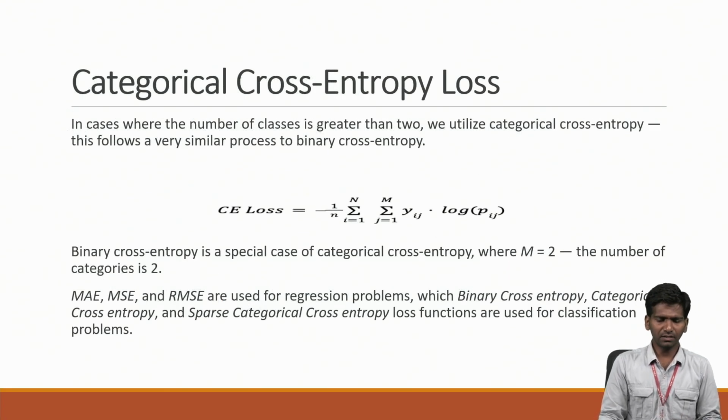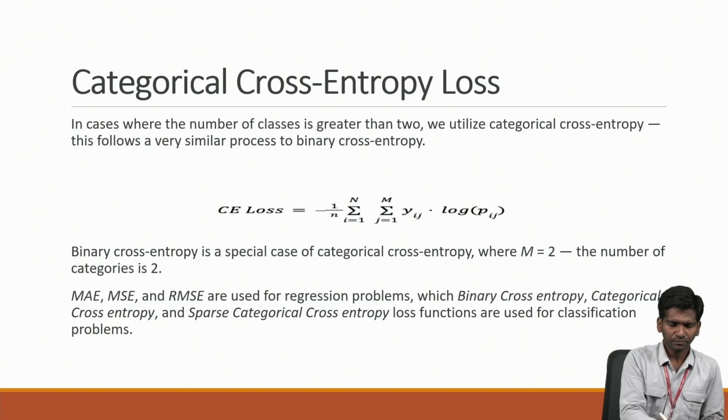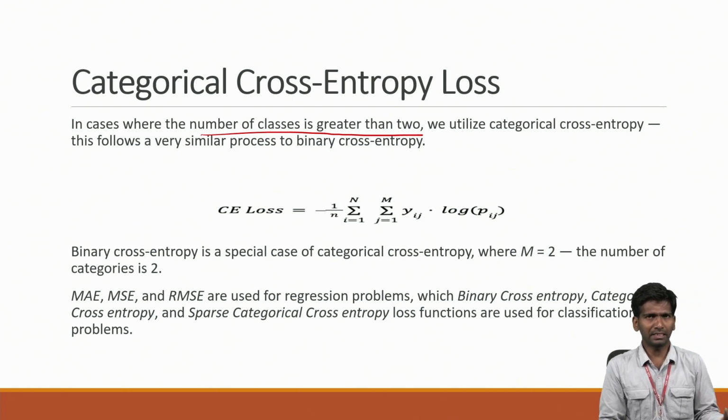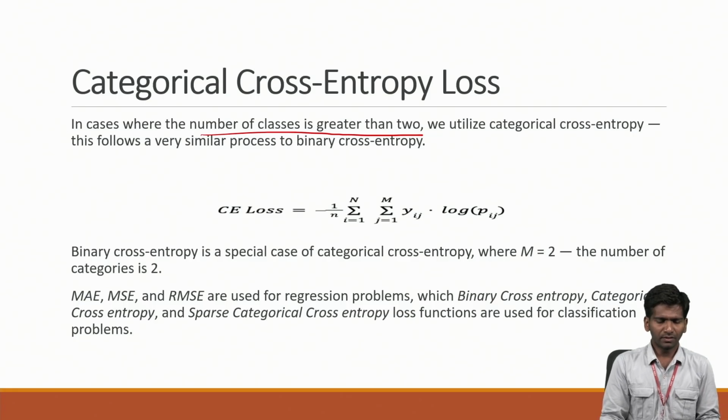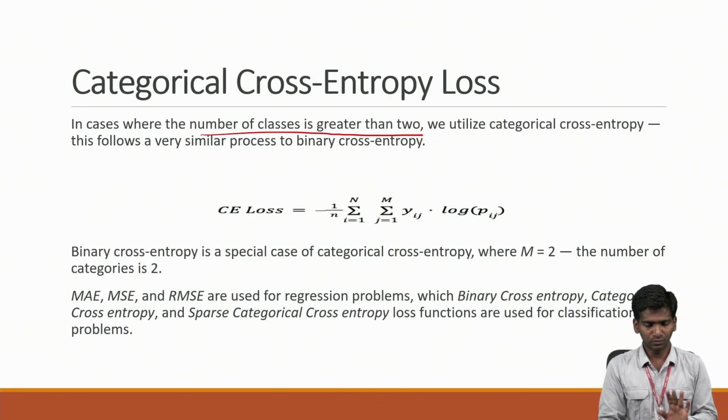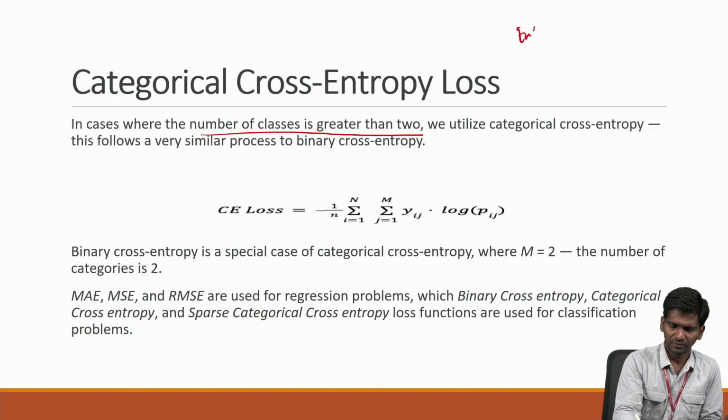Next, categorical cross entropy. This is also a loss function, used where the number of classes is greater than 2, that is, multi-classification. There are two entropies: one is binary, for two classes, and the other is categorical.